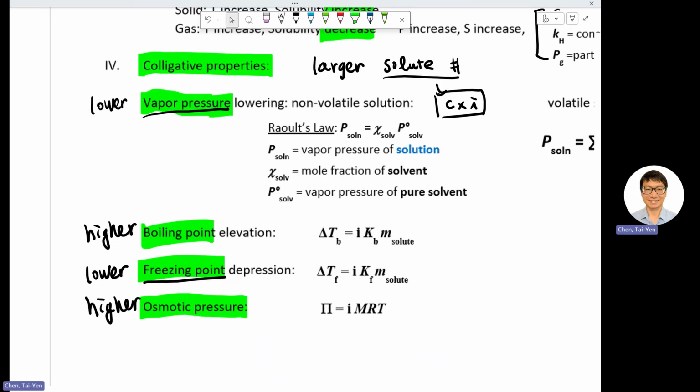So then we're going to talk about what this means. Why, if you have more solute, do you have a lower vapor pressure? I want you to think about this imaginary experiment. How do we get the vapor pressure?